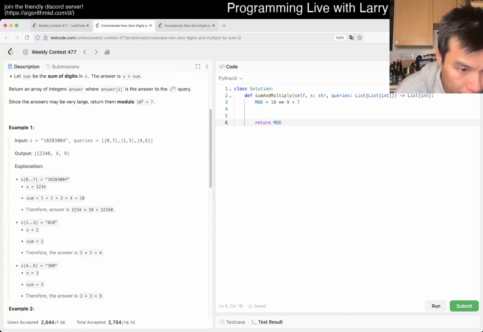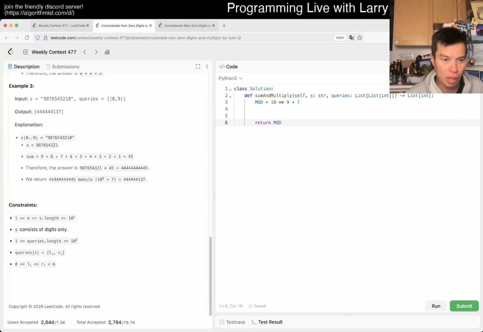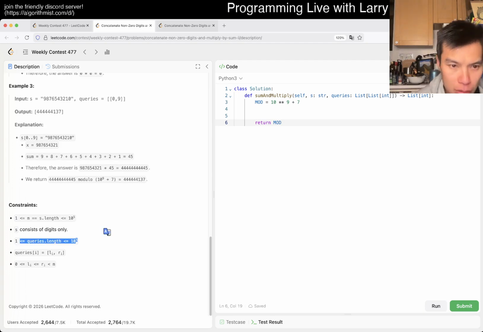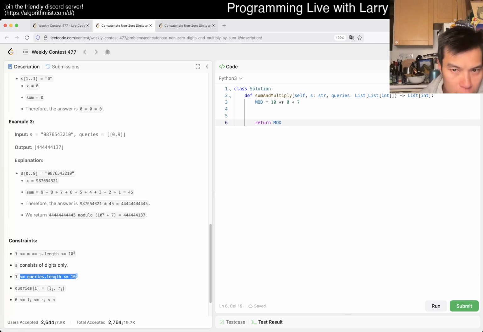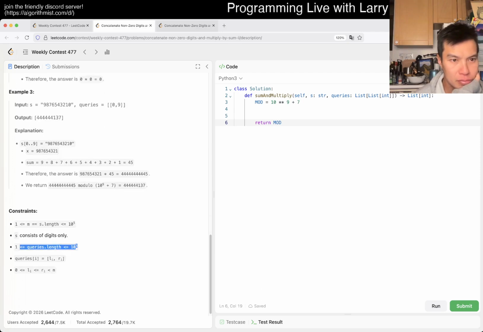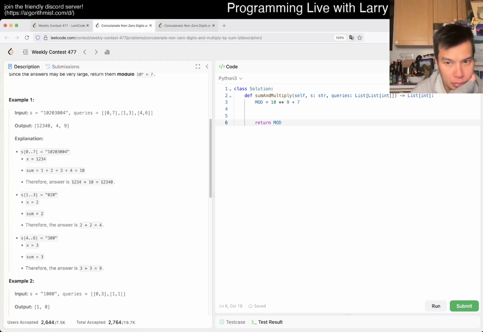Huh. How many queries do we get? A lot of queries. Is it really just all prefix sum? Probably.